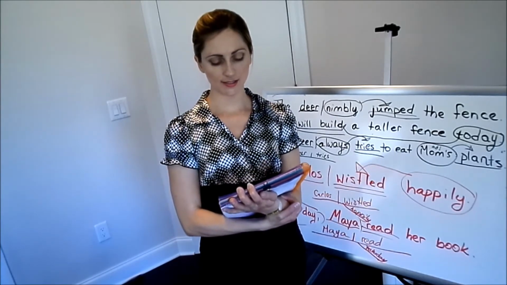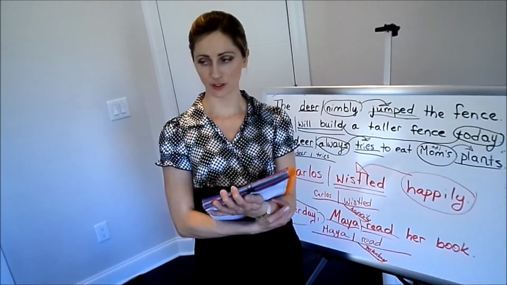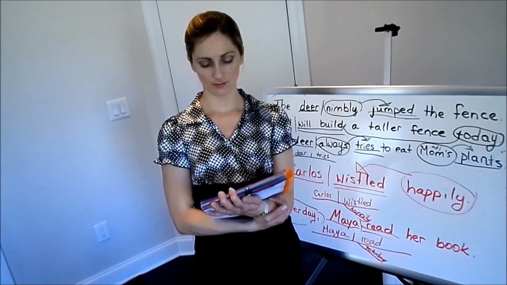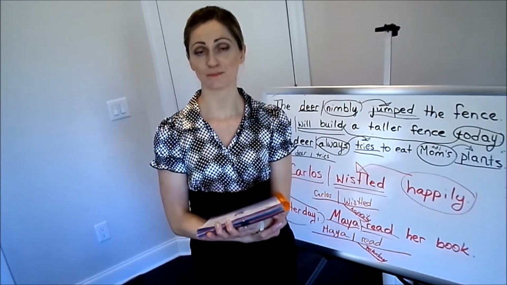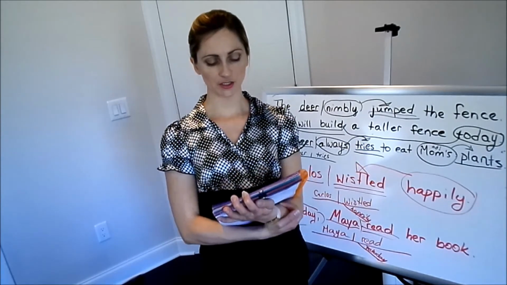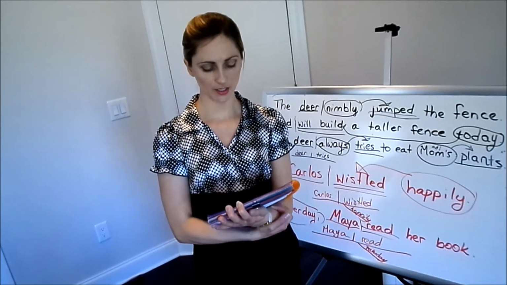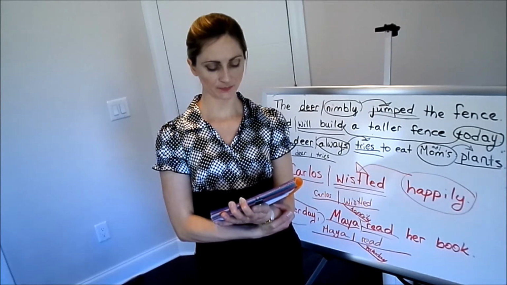And then, is there an adverb that describes the verb? Ksenia? Yes. Which one is that? Slowly. Yeah, she's pouring slowly. So go ahead and diagram that.